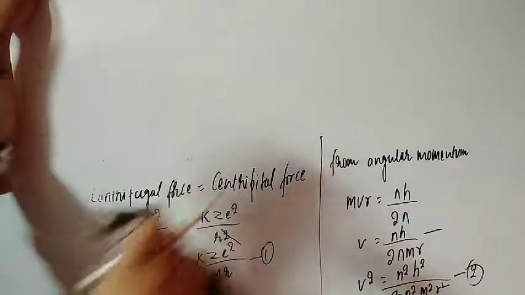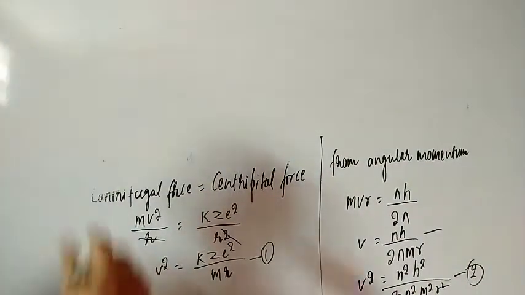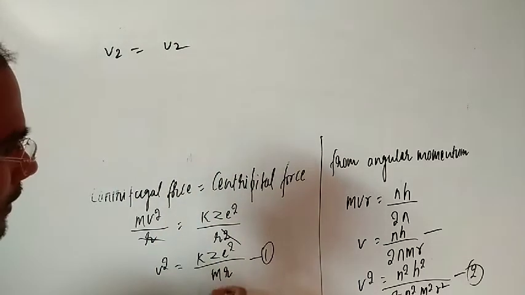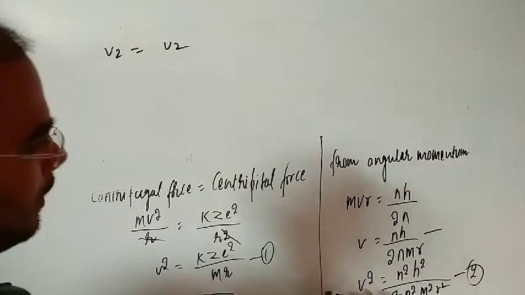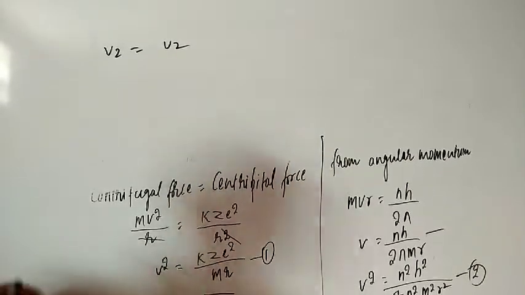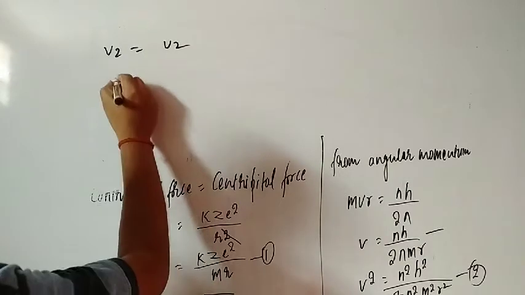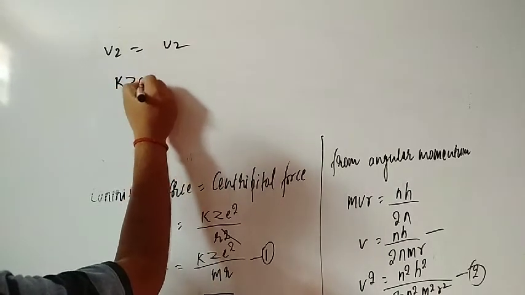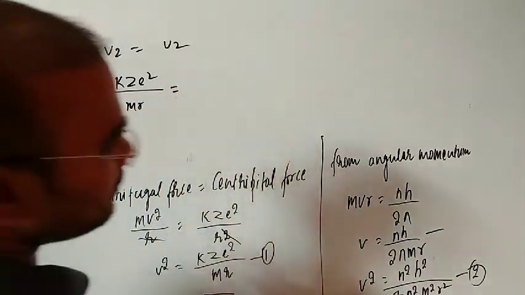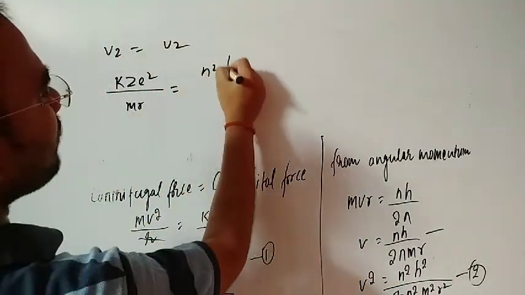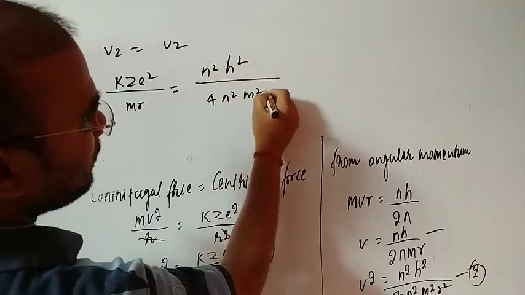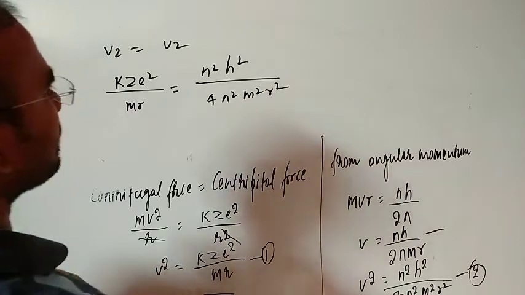Putting v square equal to v square, from here we get the value: k Ze square upon mr is equal to n square h square upon 4 pi square m square r square, right students.